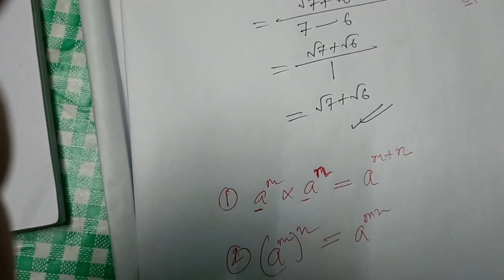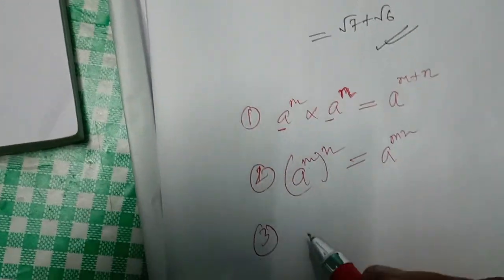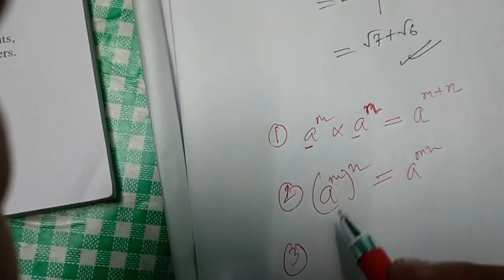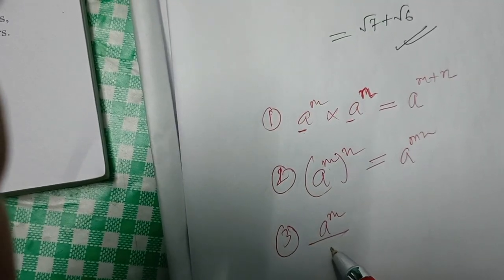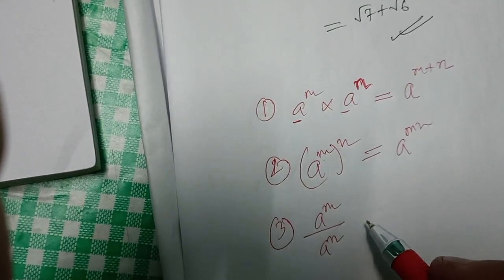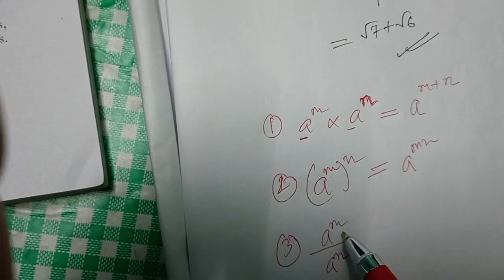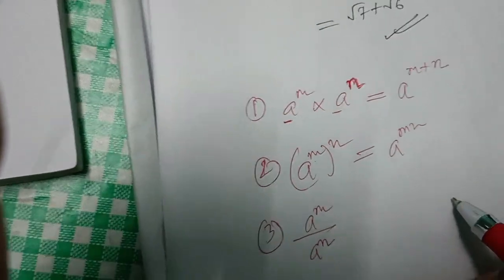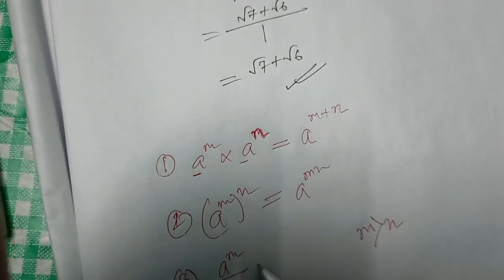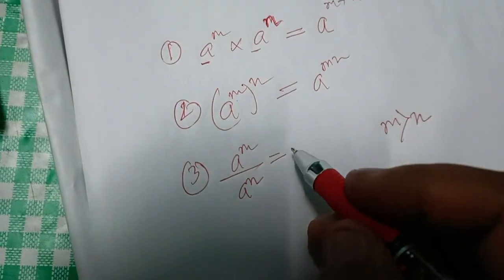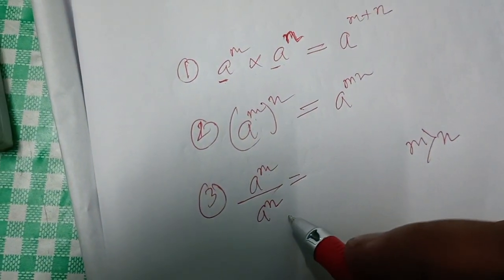Another law we write is when we divide a to the power m by a to the power n, and in this case suppose m is greater than n.